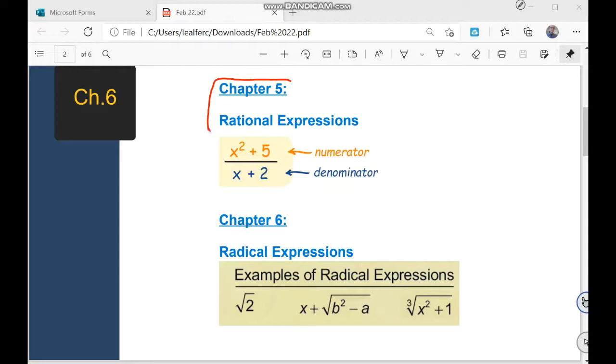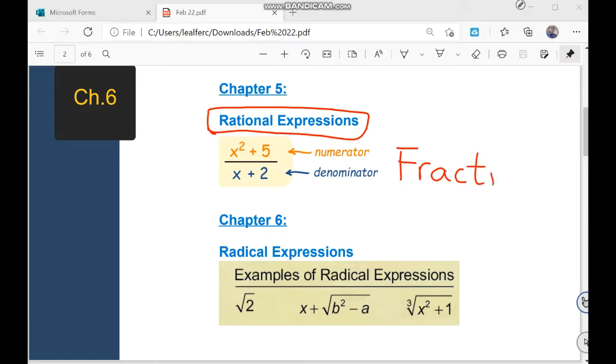The last 3 weeks is about rational expressions. And rational expression is about the ratio. You're going to have a numerator, you're going to have a denominator. If you have fractions in your expression, that means it is a rational expression, right? If you have fractions.